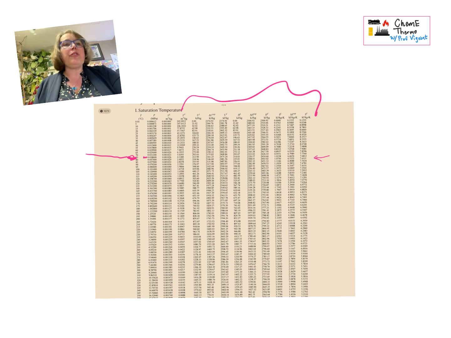Now, you'll notice there's also some places where it has a delta. See that delta? What those deltas are is the change in enthalpy for when you go from the liquid phase to the vapor phase.